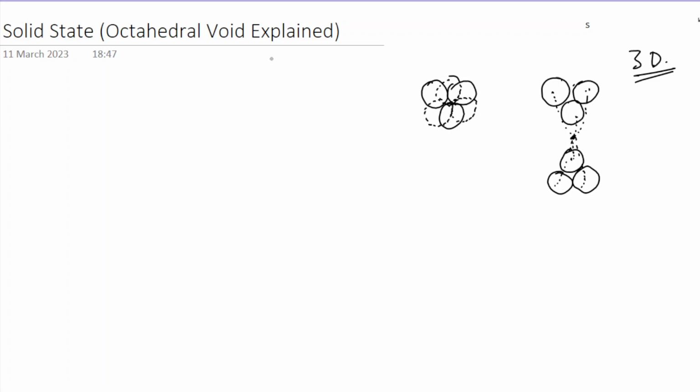So here we have six spheres in the case of an octahedral void.